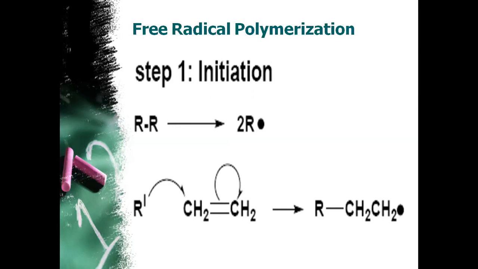Here in the figure, it is symbolized by R. The free radical R is initiated in the first step, and this active site then reacts with the monomer ethylene, which again acts as an active site.